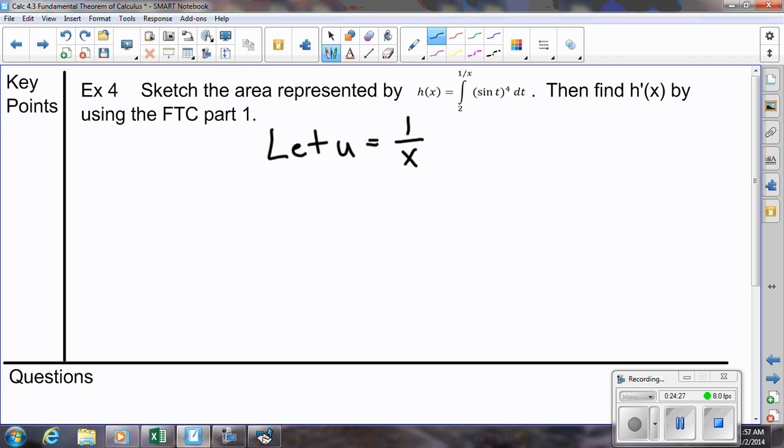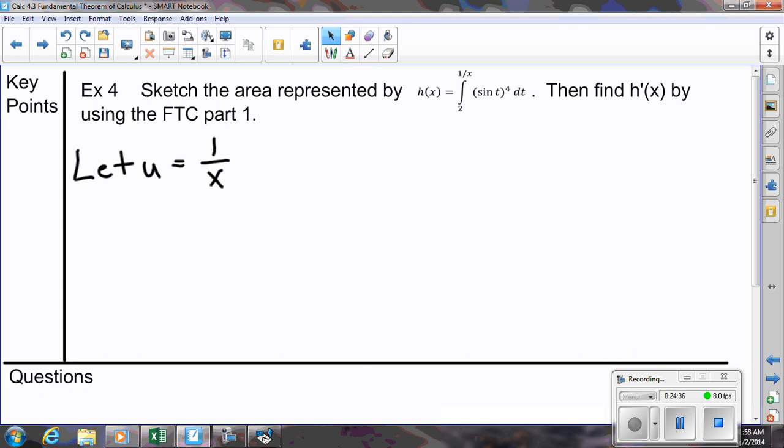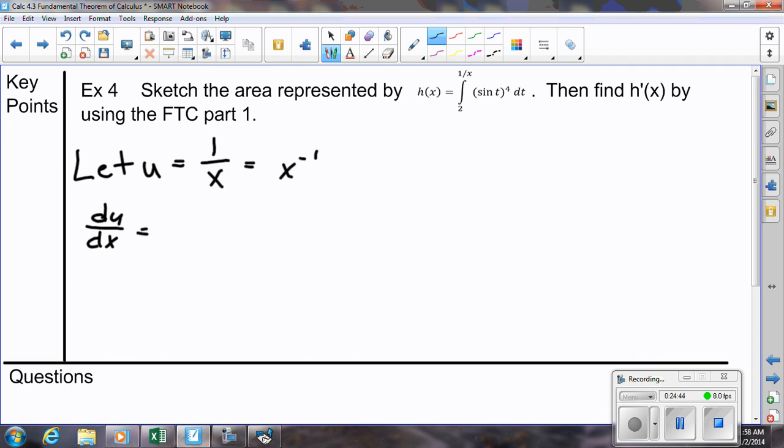If u is equal to 1 over x, we can then take the derivative of u, du dx. That's going to be negative 1 times x to the negative 2, which is just negative 1 over x squared. This is going to play a role for us.